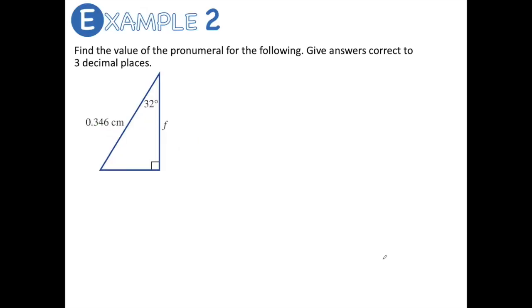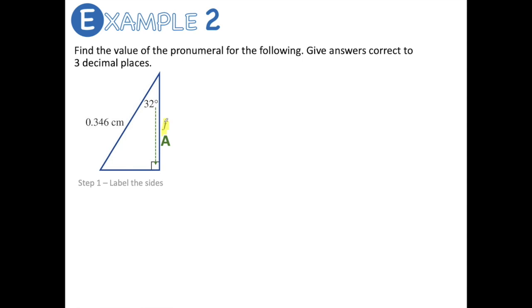Example 2. I want to find the value of f based on the information we have in our right angle triangle. So going through and applying the steps, step 1 is to label the sides. Looking at my specified angle of 32 degrees, I know that I have got my adjacent side, the side next to that angle of 32 degrees, and that is my f side that I'm trying to find.